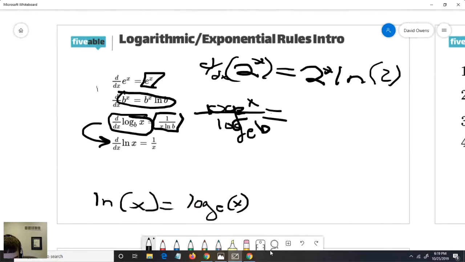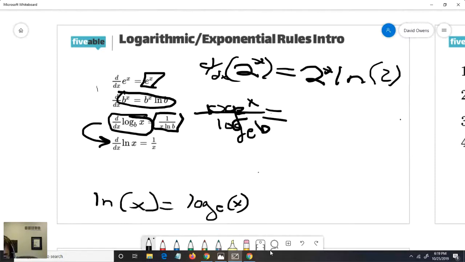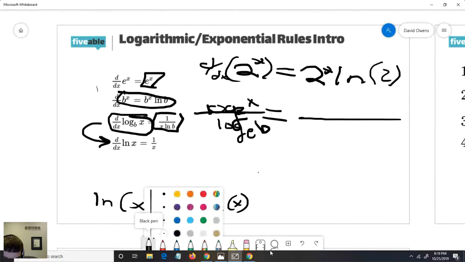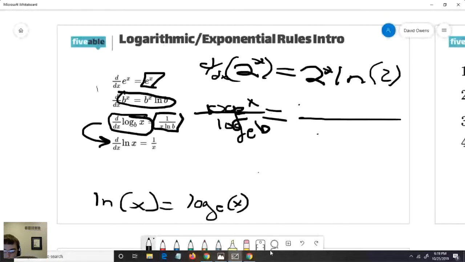If we do the quotient rule for that, and derive it, we'll simply get 1 over x times the natural log of b. And that's how this comes out of this.